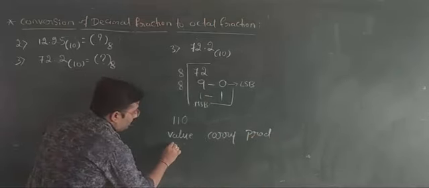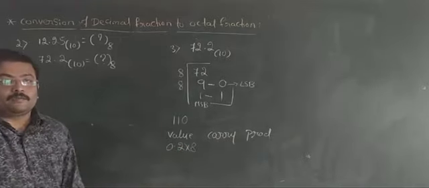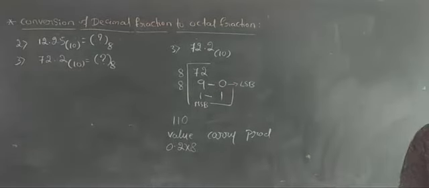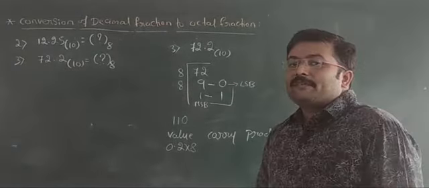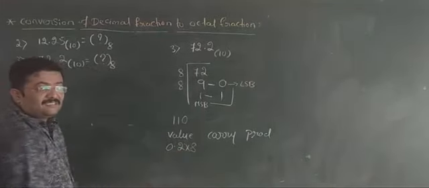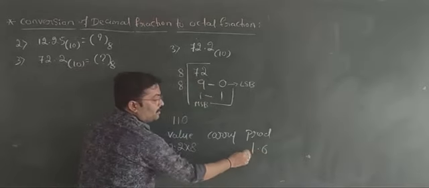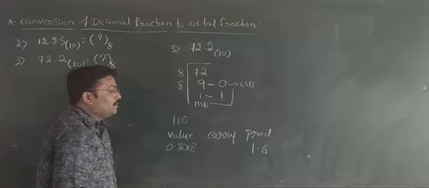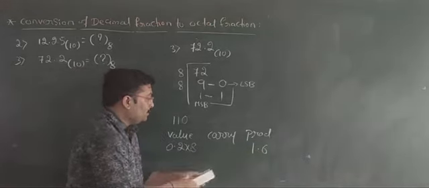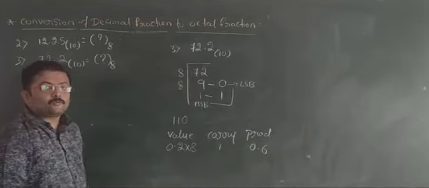The value is 0.2, so multiply it by 8, because a decimal fraction is converted into an octal fraction by multiplying the given decimal fraction by 8. 8 into 2 is 16, so 1.6. Before the decimal point there is 1, so it will be written in carry, and the product is 0.6.